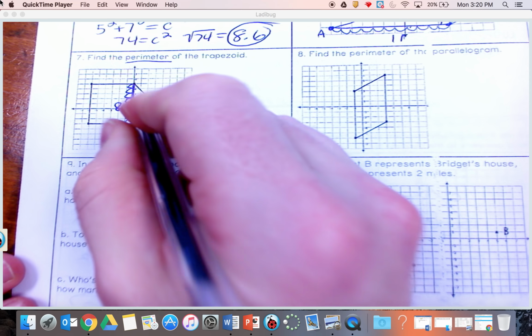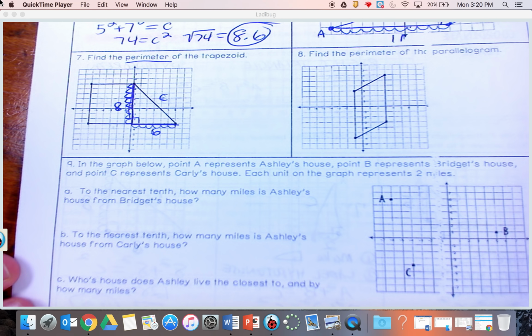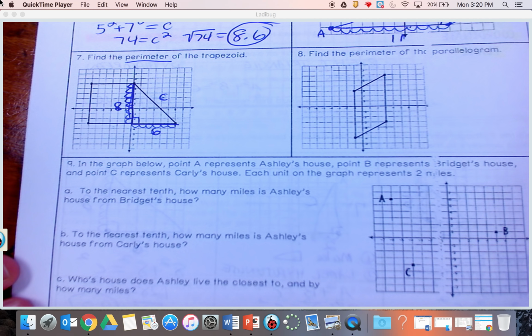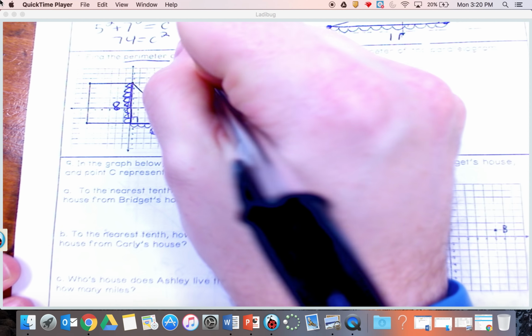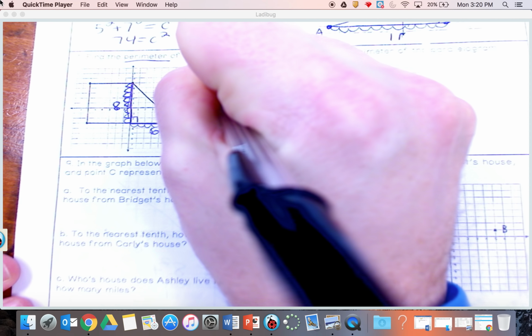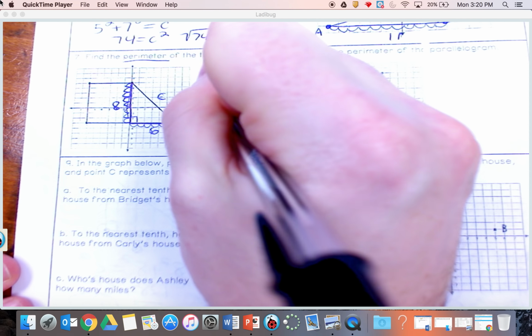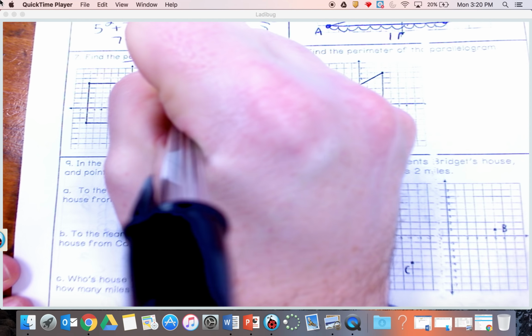So I got an 8 by 6 triangle there that I need to find this side. So all right, let's see what this would be. So this becomes 8 squared plus 6 squared equals c squared. Becomes 100. And I can take the square root of that, which gives me 10. So I know that this side is 10.